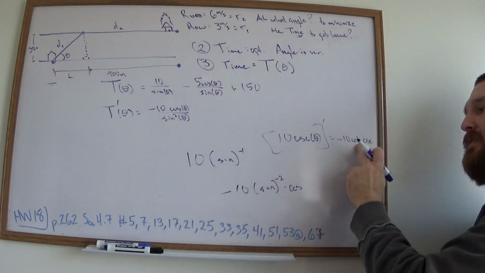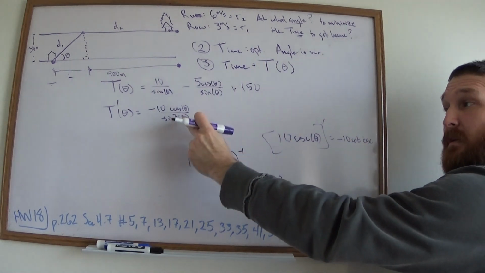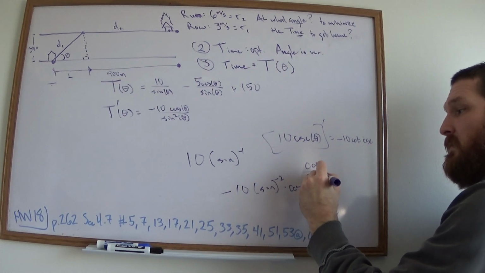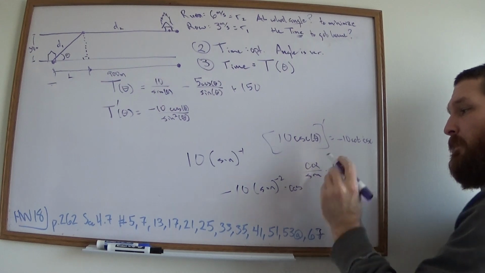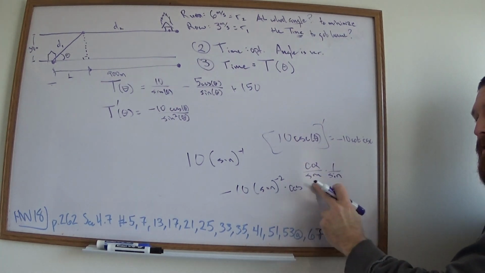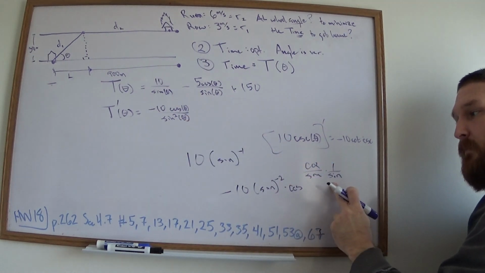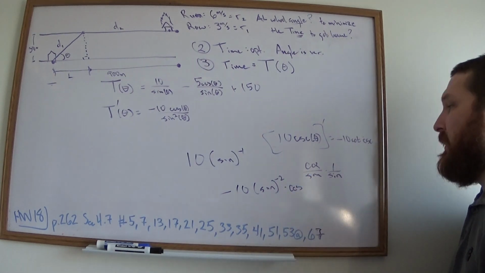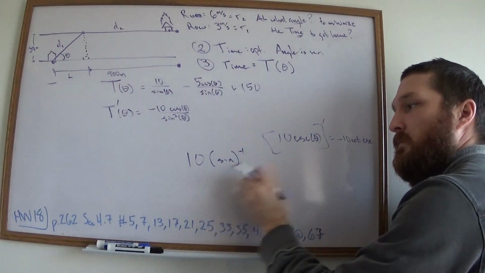But I'm going to go ahead and leave this right here, because that's what that is. Cosine over sine is the same thing as cosine over sine times 1 over sine, right? Cosine over sine squared is the same thing as that, which is cotangent times cosecant. Okay, so just something to note.